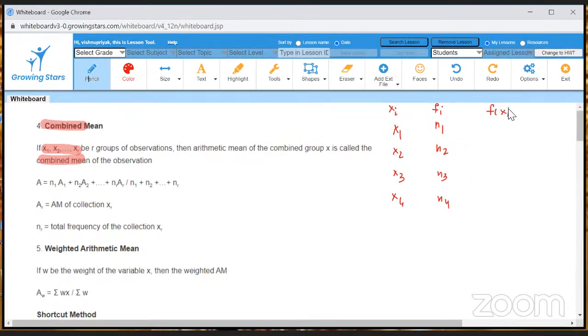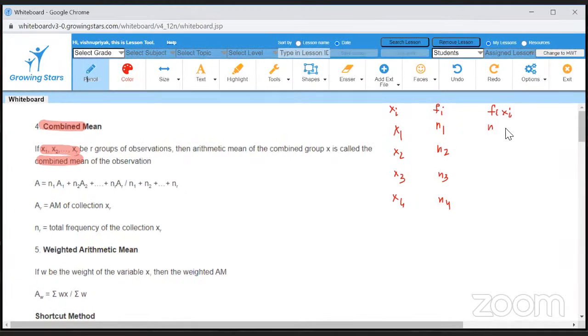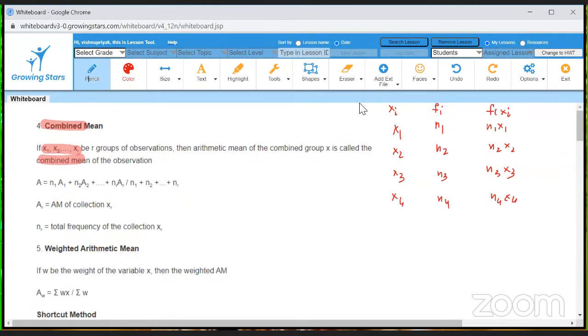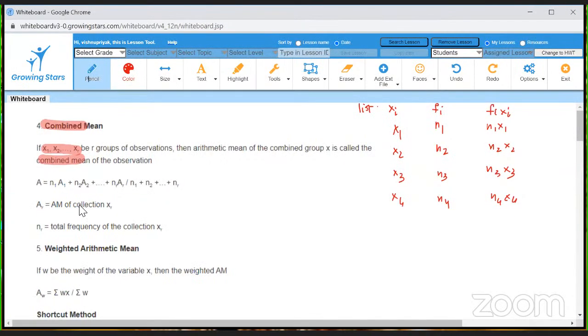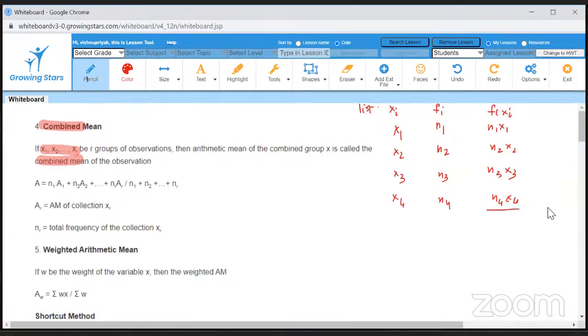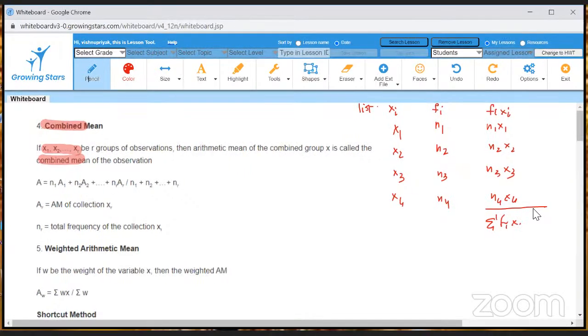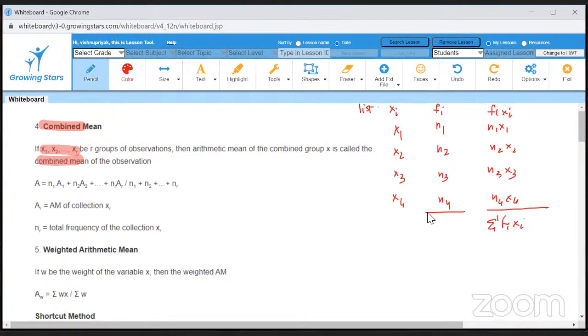Fi Xi you will multiply: N1 X1, N2 X2, N3 X3, N4 X4. This is a list, not classified. It is ungrouped. So you will add up all these, sigma Fi Xi, and you will add up all the Fi's also.